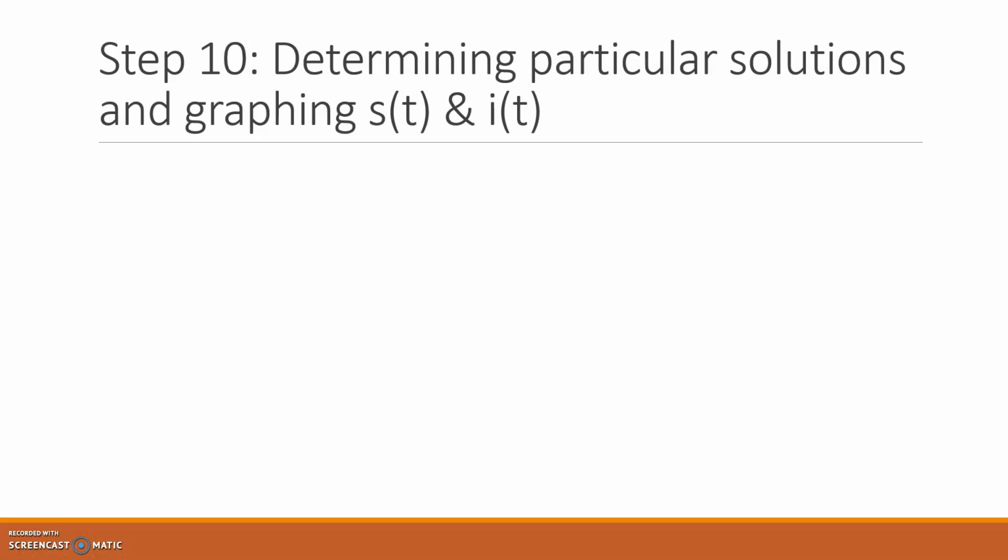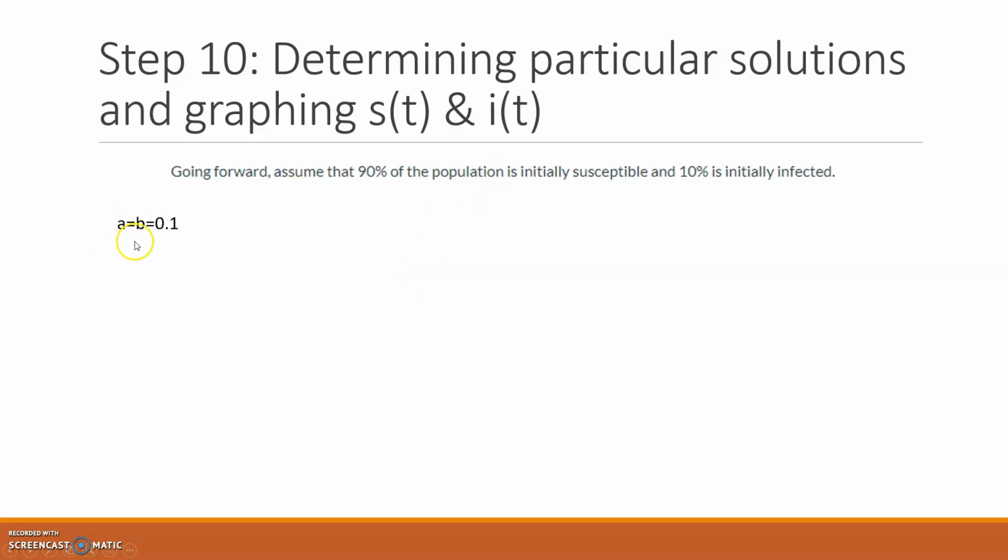So step 10 was determining the particular solutions and graphing S of t and I of t. Here's just kind of a reminder. So if a and b are equal to 1, we're going to take our general equations we got for the susceptible population and the infected population, or proportion, sorry. And you're just going to plug in the a and b values.